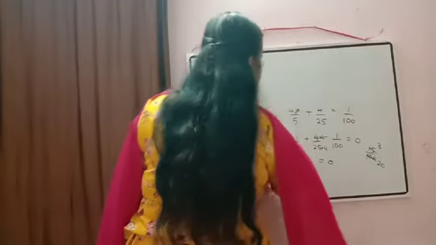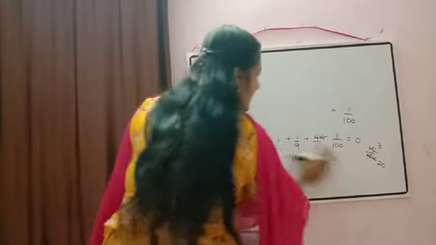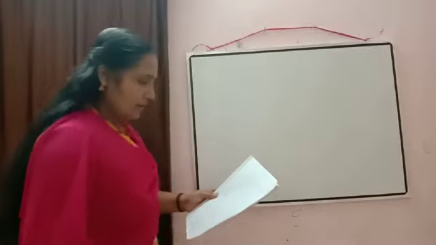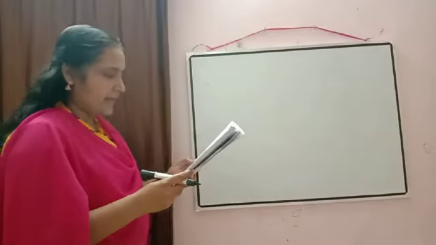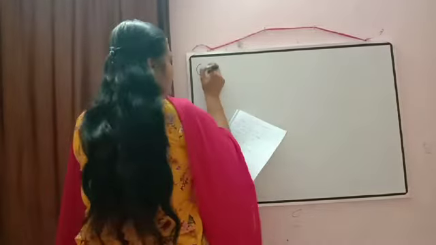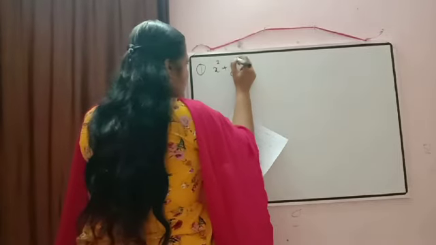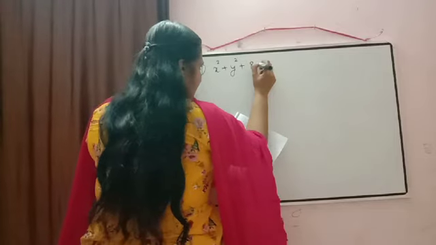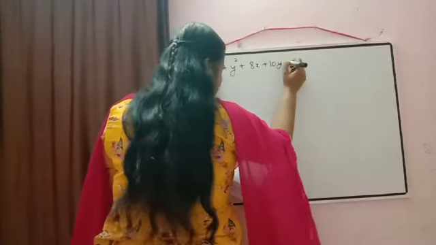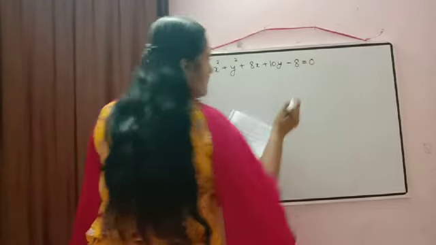In the next type, the equation of a circle is given. You have to find the center and radius. Like the first question, it is written in this way: x square plus y square plus 8x plus 10y minus 8 is equal to 0.